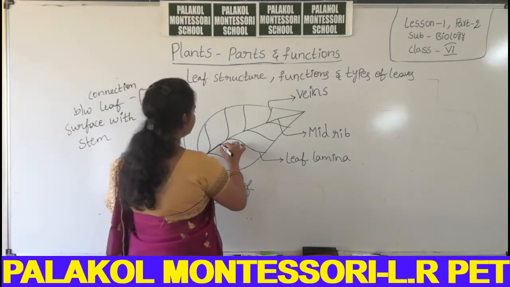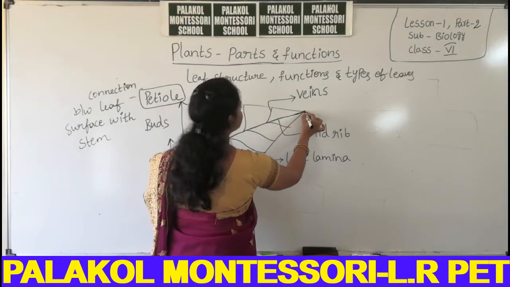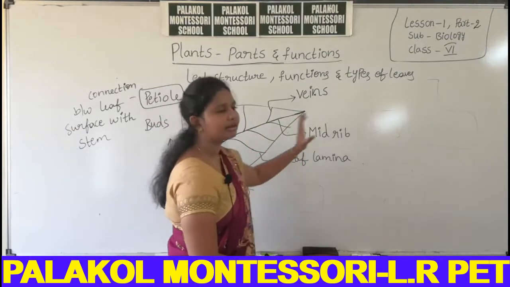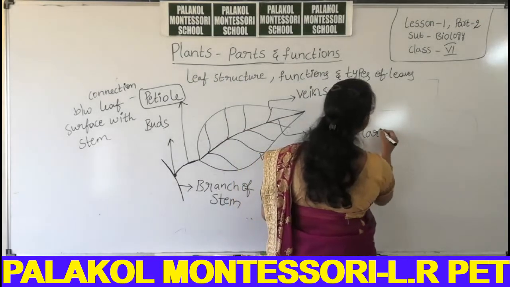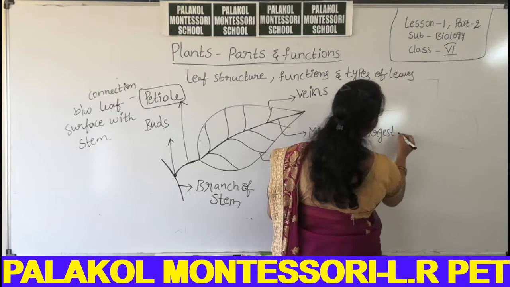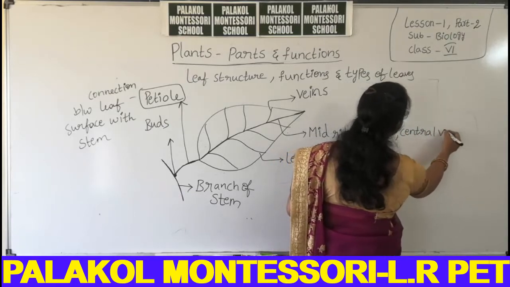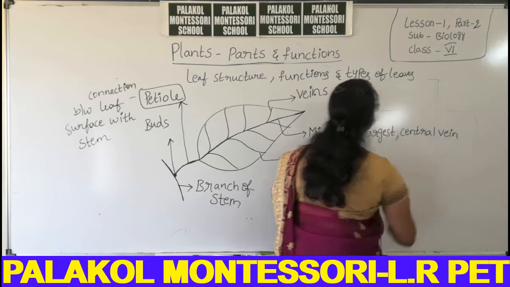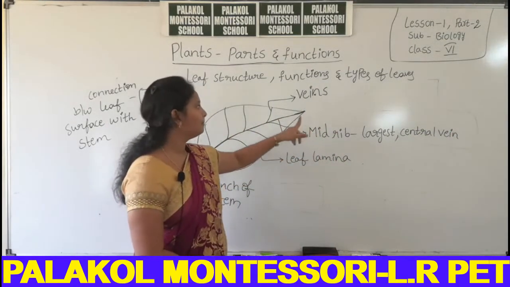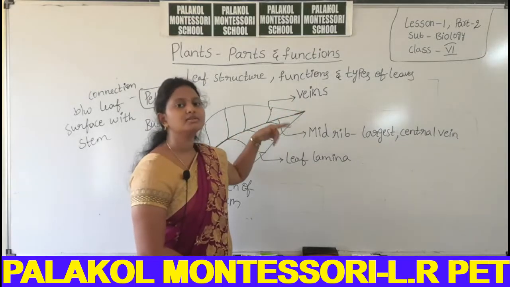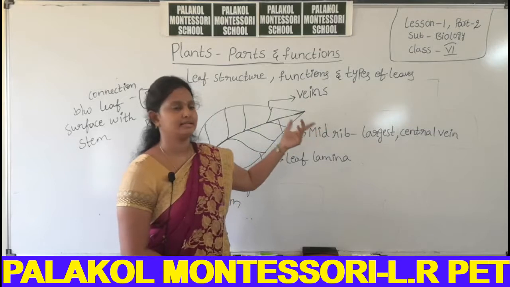The midrib is the central straight line, that means it is the largest vein. The midrib is the largest central vein. From this midrib, the branches present are generally called veins.